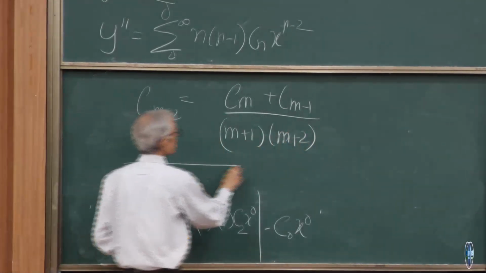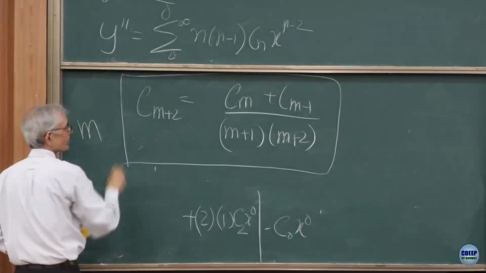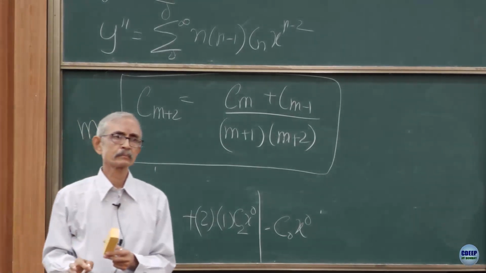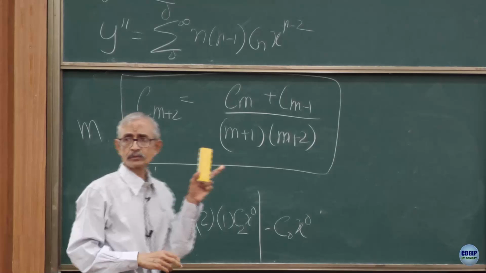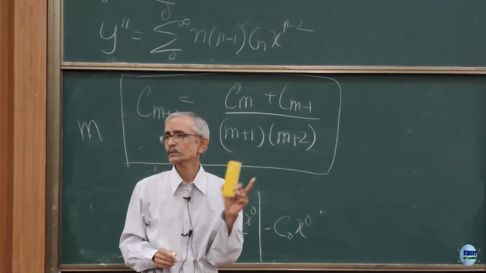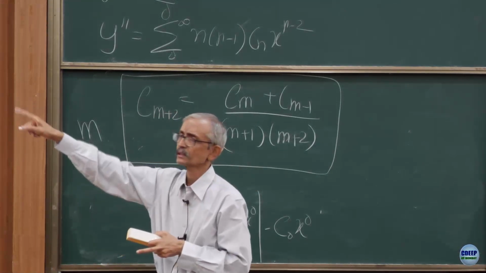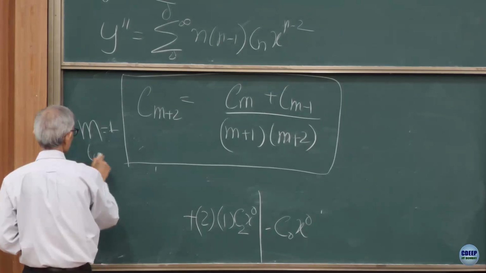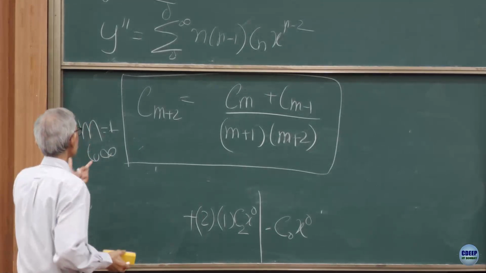So this is valid for what m? For all m? M goes from 1 to infinity. Remember that we have gotten rid of the summation 1 to infinity. So my m goes from 1 to infinity.